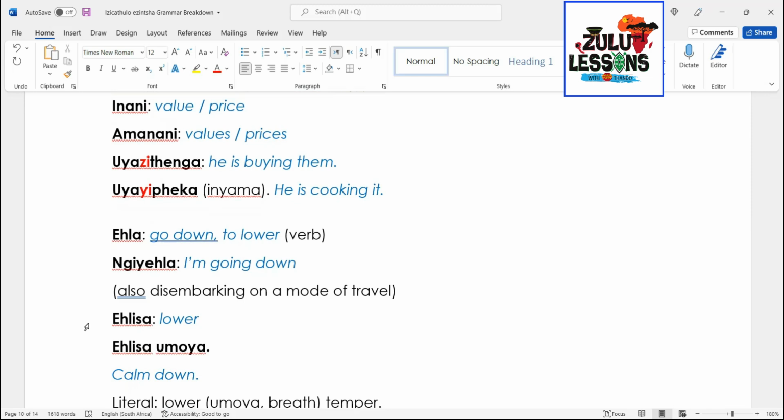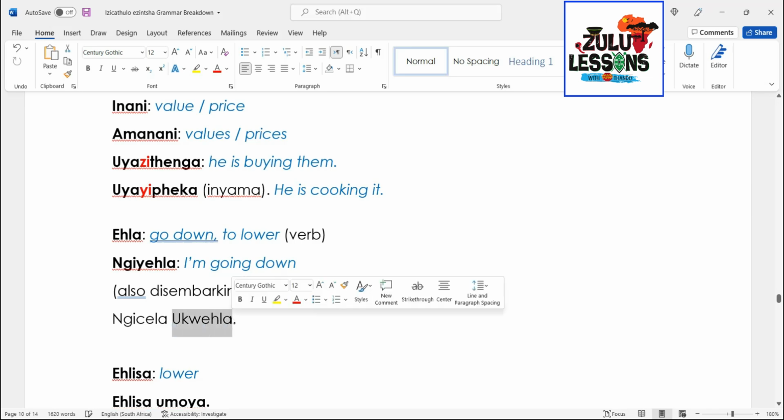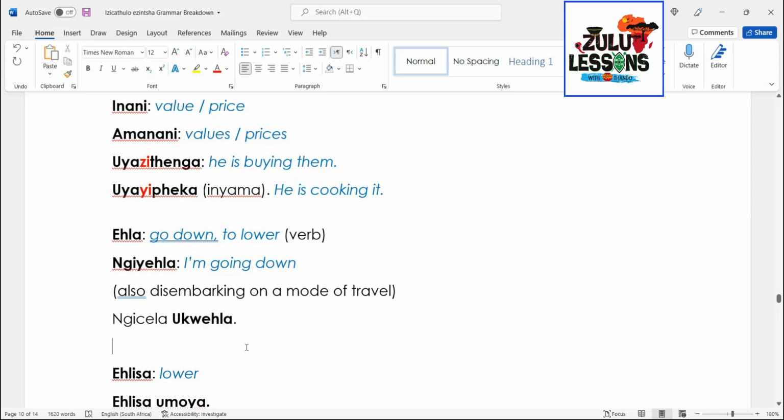So I'm getting off, you know. Or you can also say ngicela ukwehla. That is for the taxi, by the way. Ngicela ukwehla. May I please get off, or may I please get down? That is to disembark, right? So ngicela ukwehla. Ukwehla being a verbal noun, so a class 8 noun.